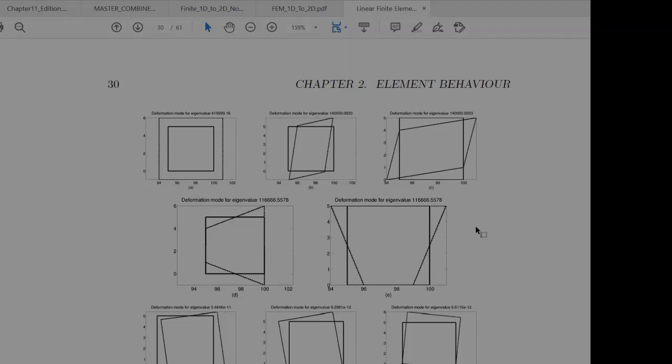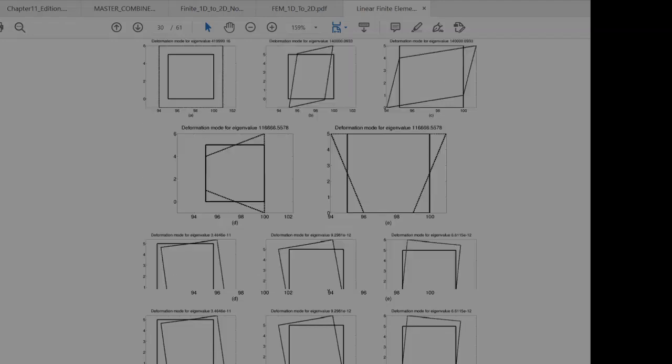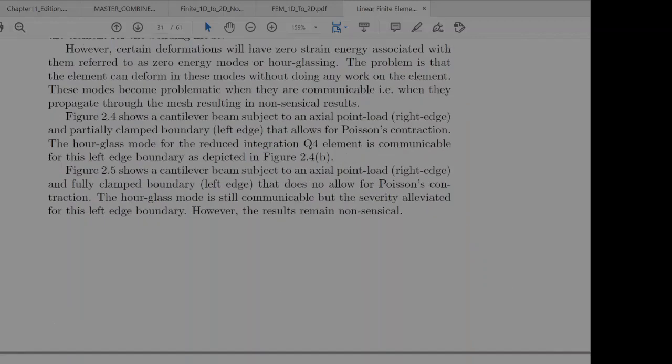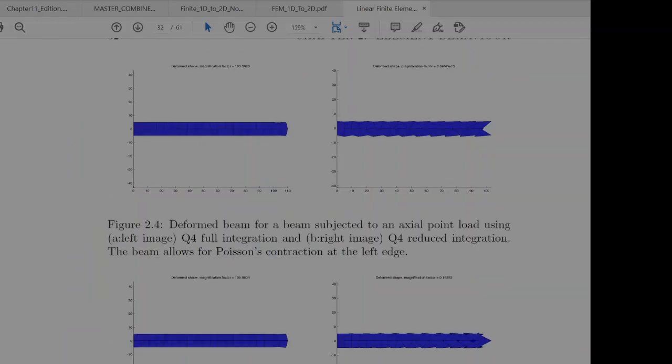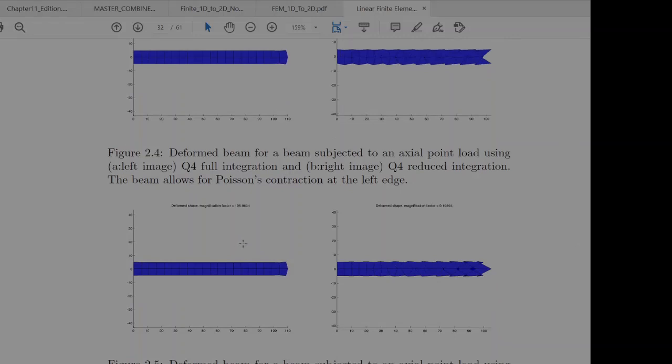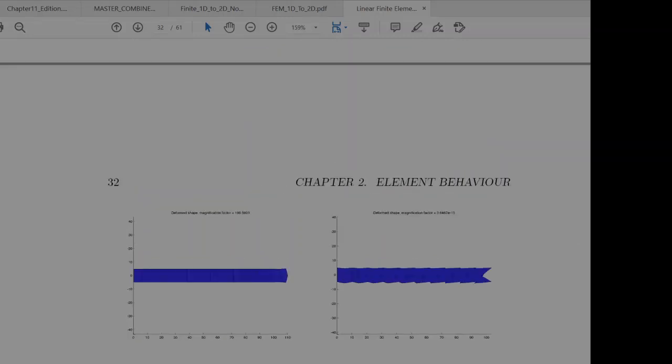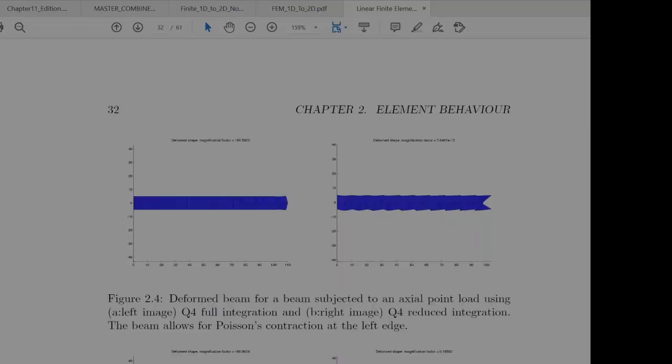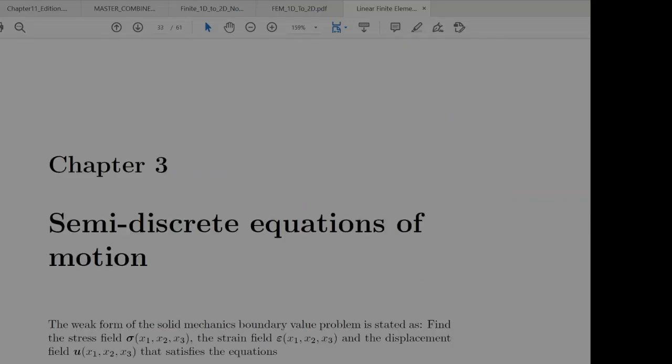So there's always shear that comes when this Q4 element tries to represent bending. That results in angles changing, which results in shear, and that shear causes chaos. Reduced integration can cause communicable modes, if you recall, essentially zero energy modes, so this thing can displace into crazy shapes without any work being done.